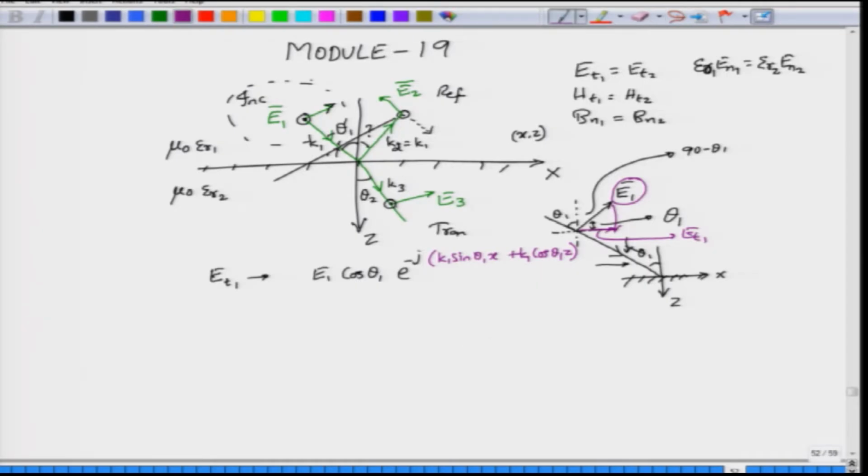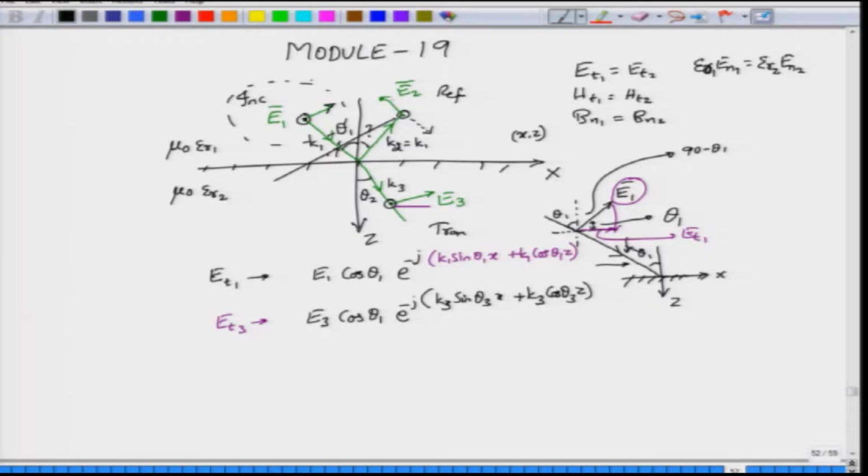If you look at this electric field, everything is the same, except theta 1 will become theta 3. So, I can write ET3 as E3 cos theta 1 e power minus j, K3 sin theta 3 x plus K3 cos theta 3 z. So, that is for the transmitted electric field.